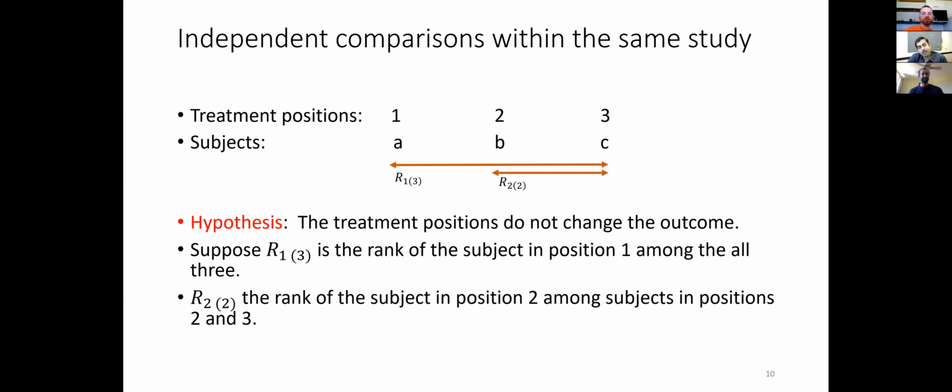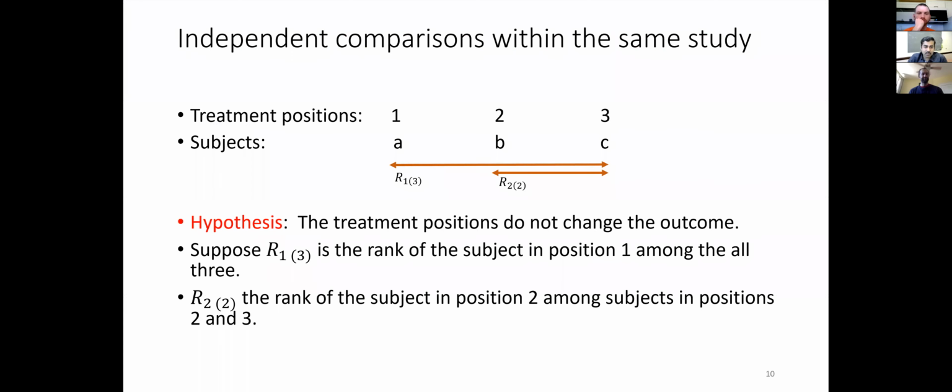In this toy example, I'm considering you have 3 subjects numbered A, B, and C, and you have 3 treatment positions, 1, 2, and 3. So we have the hypothesis that the treatment positions do not change the outcome. That means the potential outcomes under any of the 3 treatment positions are the same for every subject.